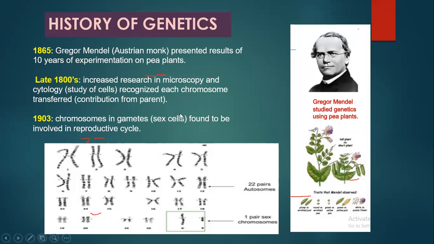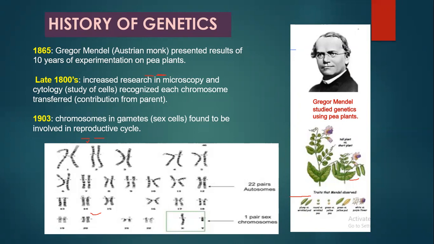If you see Mendel's work, he crossbred many pea plants, sowed the seeds, grew the plants, and made many phenotypic observations. He calculated the numbers and gave a statistical analysis.